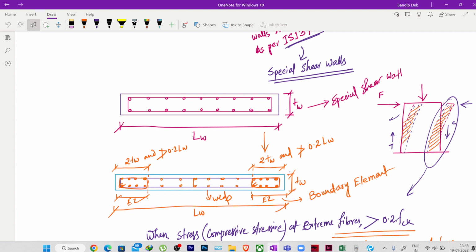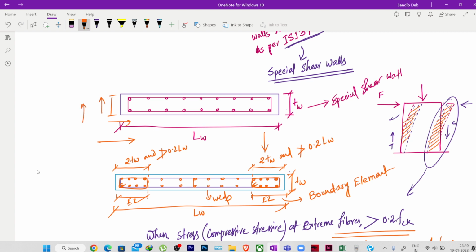Now I have not explained the things about the shear wall, like the shear wall is stronger in the in-plane direction and weaker in the out-of-plane direction. Those are the basics we all know. As the dimension of the shear wall is less in its out-of-plane direction, suppose in this axis, and more in this axis, obviously the stiffness of the shear wall will be higher in this direction and less in this direction.